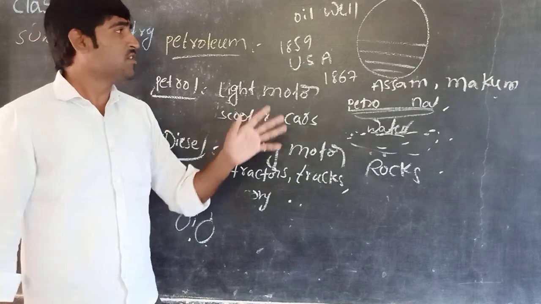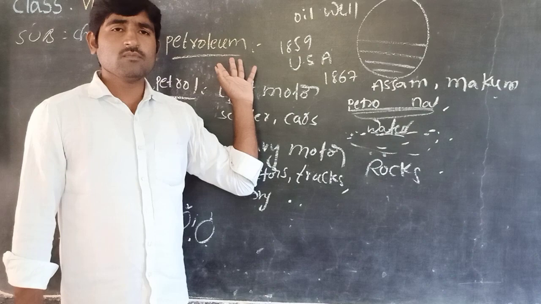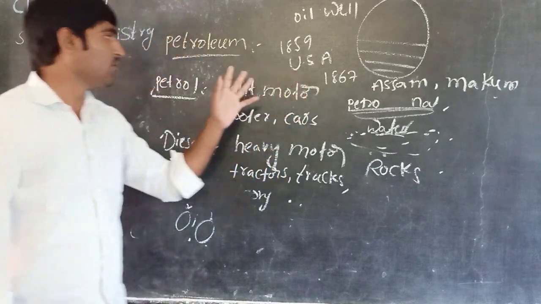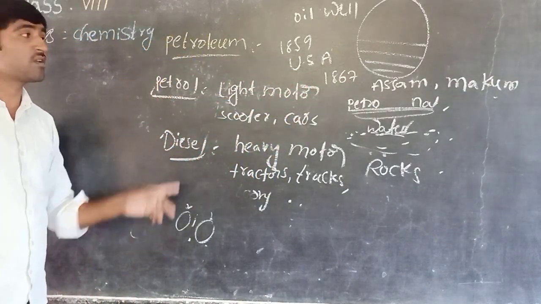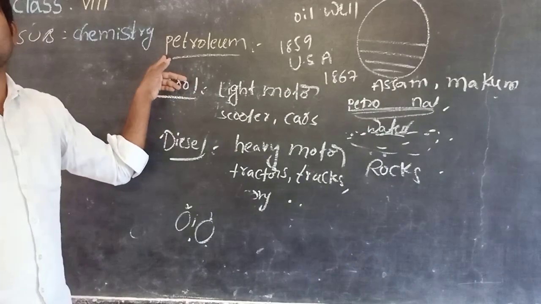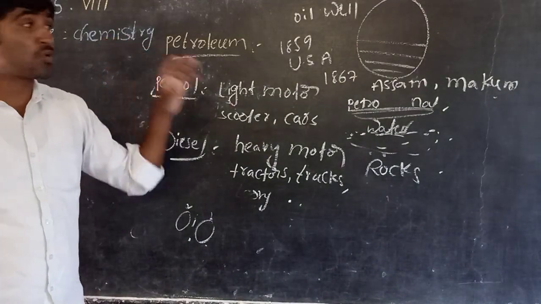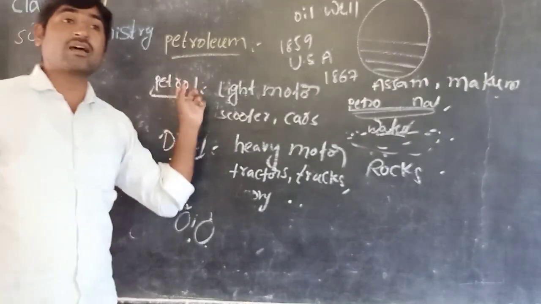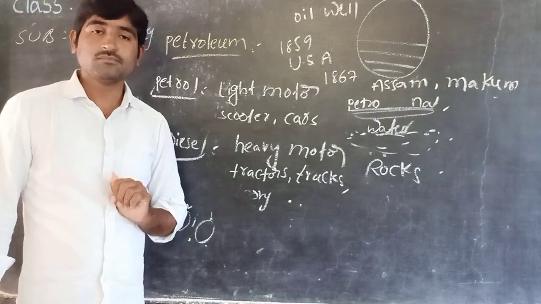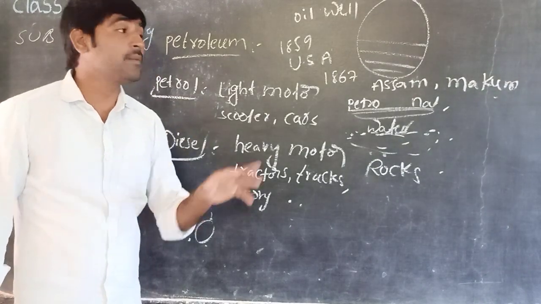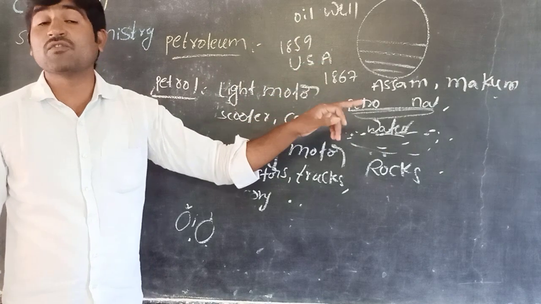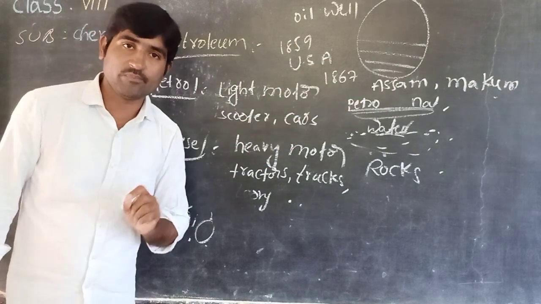Okay, children. Once you find the petroleum, can you directly get different products from it? No, it is not possible. Then how can we get all these types of products? We need to send the petroleum for refining. Refining means purifying.